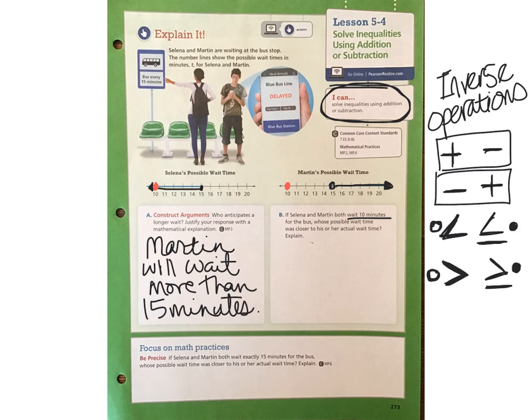In the case of Selena, she expected to wait 15 minutes or less according to her graph. If she only has to wait 10 minutes, then Selena is off by 5 minutes or less, because maybe she didn't have to wait 15, maybe she only had to wait 13 minutes or 11 minutes, or maybe even less than that.